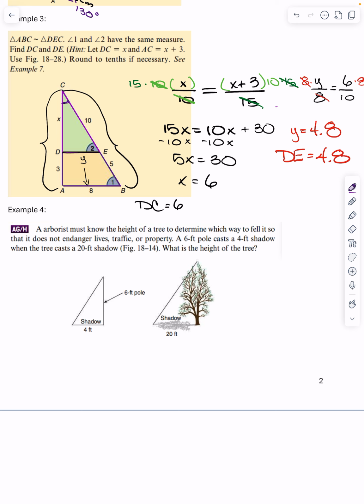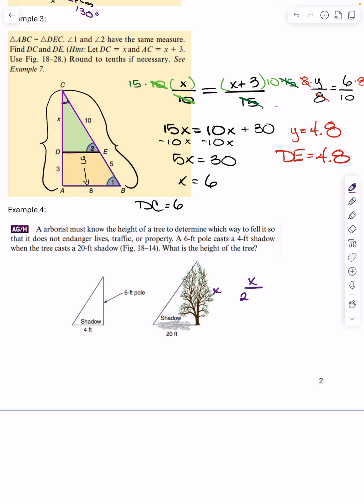The sun will make the same angle with any figure that it's shining on. Okay, so if we have a 6-foot pole casting a 4-foot shadow, while the tree is casting this 20-foot shadow, we can solve for the height of the tree.